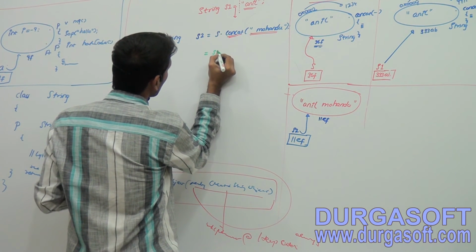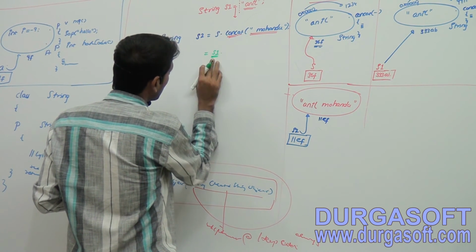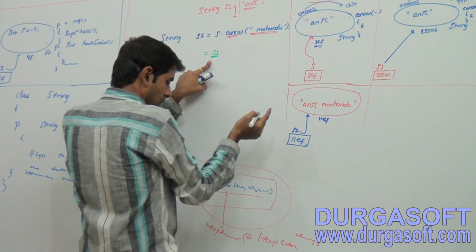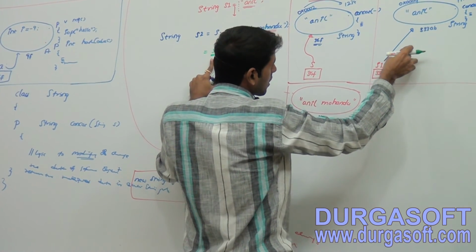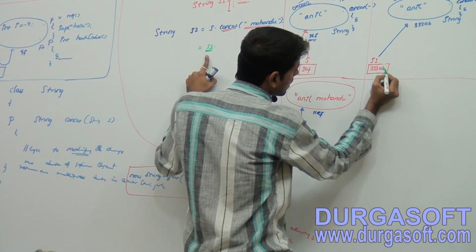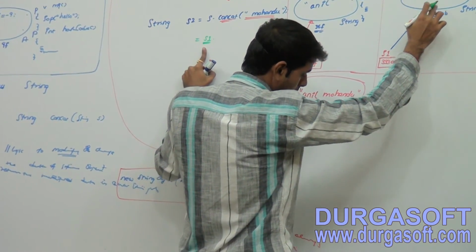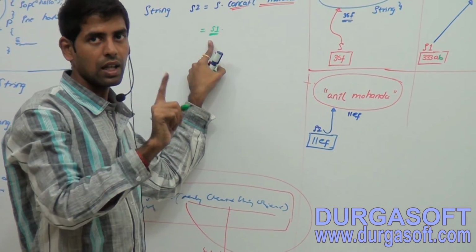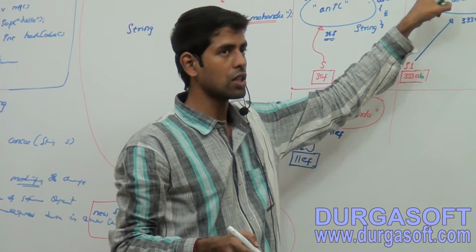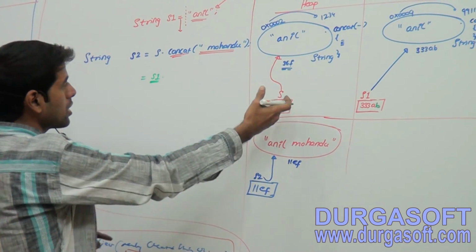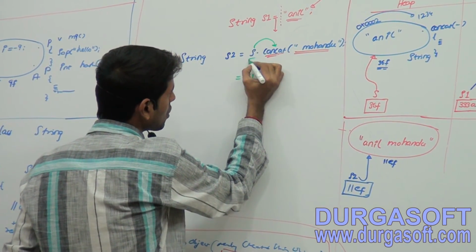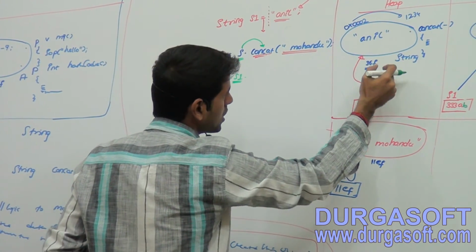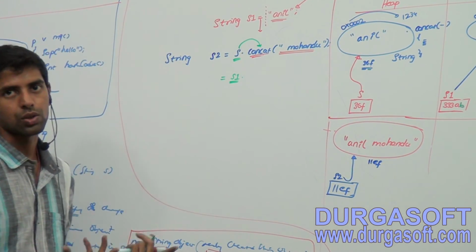If I call the concat method on an object reference variable, that object is available at the buffer area, that is the string constant pool. Till now we have understood the concat method being called on which object reference? Heap object reference. No issues.